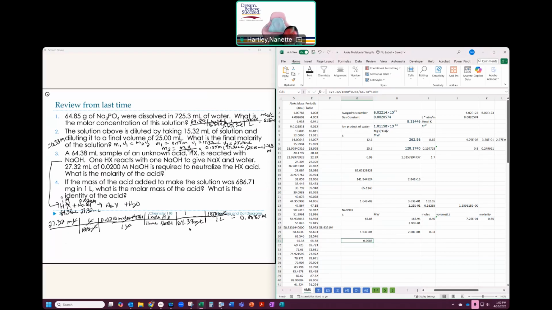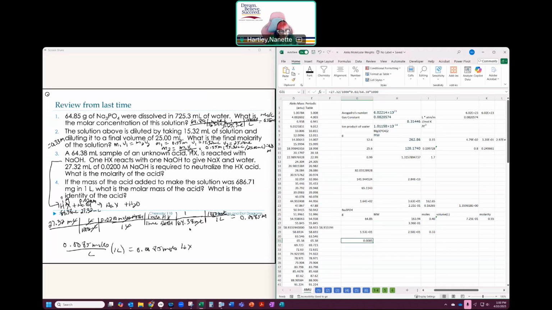I can take that 0.0085 moles per liter times the 1 liter, and that tells me that it's 0.0085 moles of HX that I have in that particular beaker. Okay, so now I know how many moles it is.